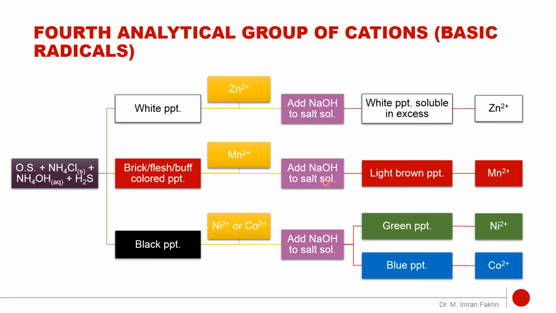If the addition of sodium hydroxide gives a brown precipitate, Mn2+ ion is present. If it gives a green precipitate, nickel 2+ ion is present. And if the addition of sodium hydroxide to the original solution gives a blue precipitate, we may say that our salt contains cobalt 2+ ions.